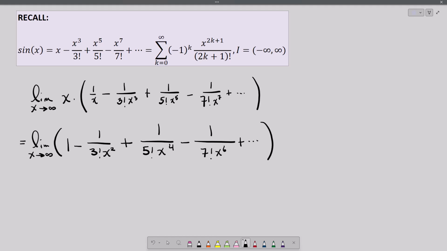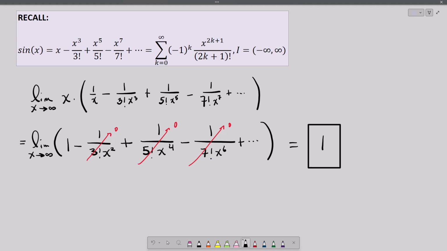And we're taking a limit as x goes to infinity. So what's true about all those fractions? They're all going to 0. Yeah, these are all going to 0 because the denominators are getting large and the numerator is constant. So everything will be 0 except term 1, and our limit is, in fact, 1.